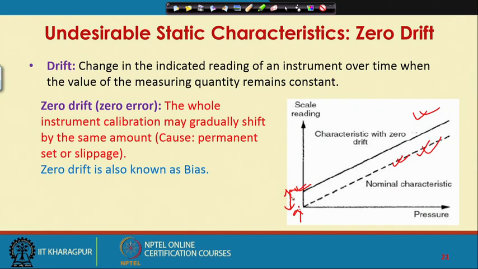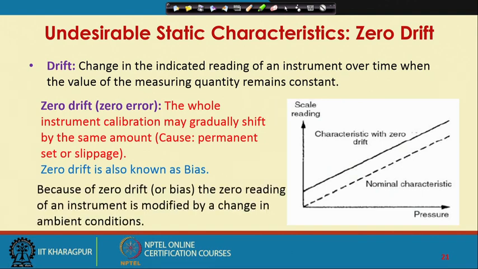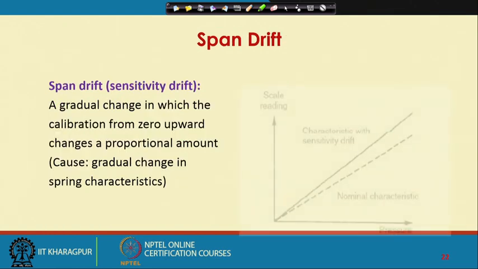This is because of zero error. So, the whole instrument calibration has gradually shifted by the same amount. This is caused by permanent set or slippage. Zero drift is also known as bias. Because of zero drift or bias, the zero reading of an instrument is modified by change in ambient condition.